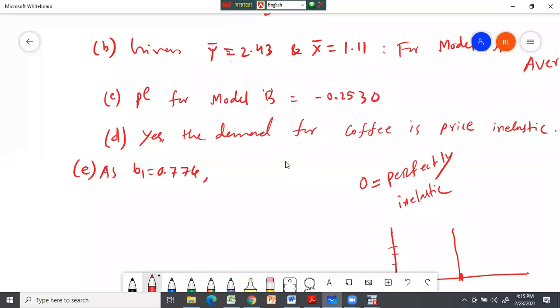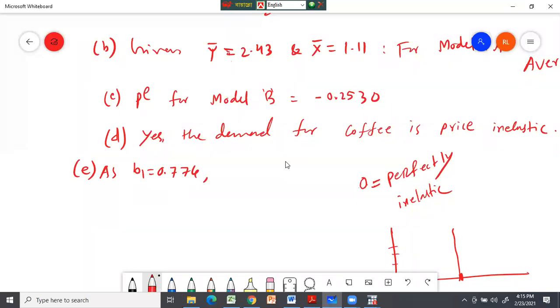And then for F, there is one thing here: if you want the exact absolute value of B1 equal to 0.774, when you explain it directly, you have to explain it in terms of percentage form. But if you want to take it in the absolute form, you can.